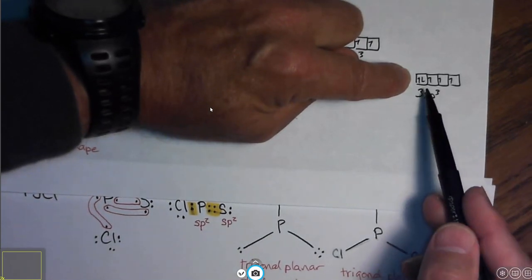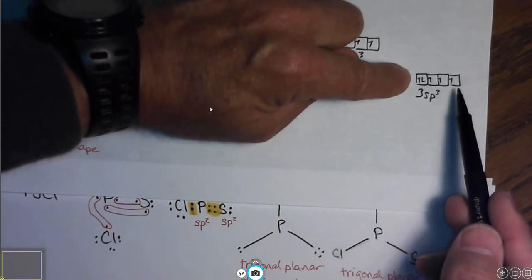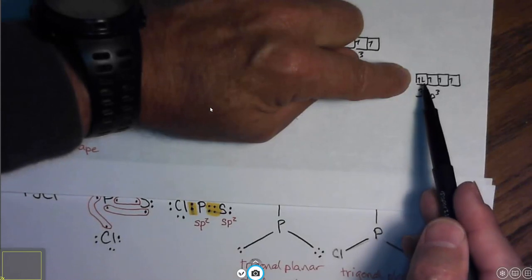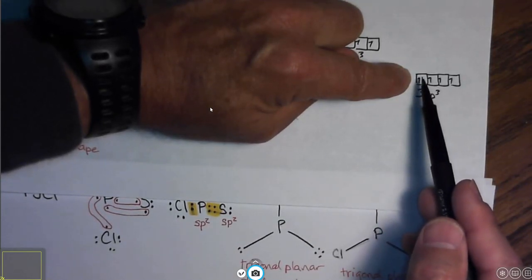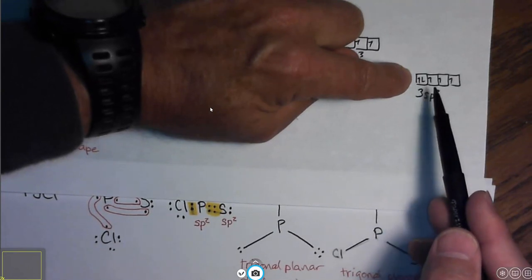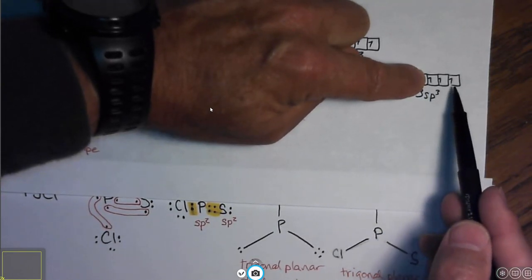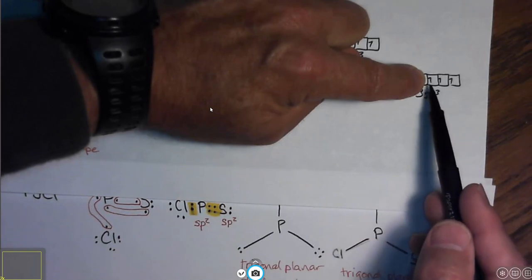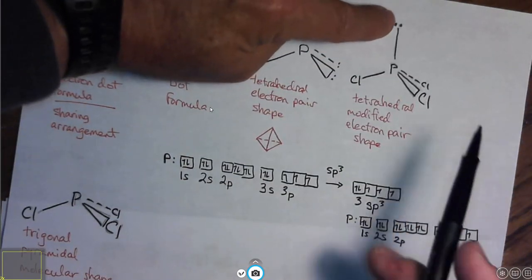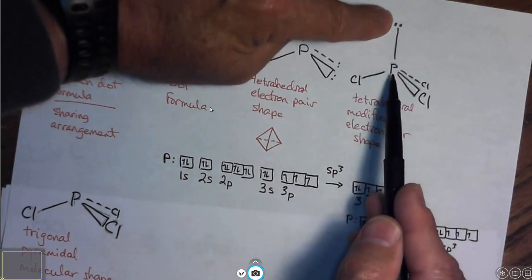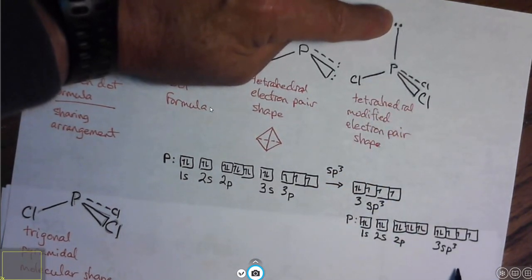Since I have 4 hybrid orbitals, then this orbital here that has 2 electrons already in it, that's the lone pair. These 3 hybrid orbitals then that have 1 electron in there, those become sigma bonds. If I look at the molecule, there's the lone pair. There's our 3 sigma bonds.